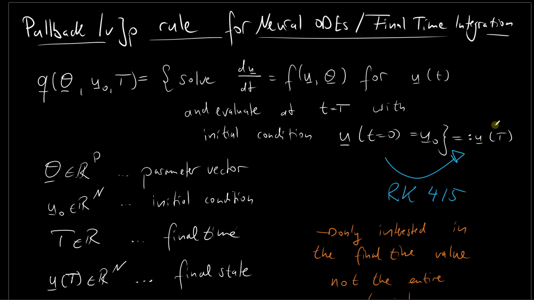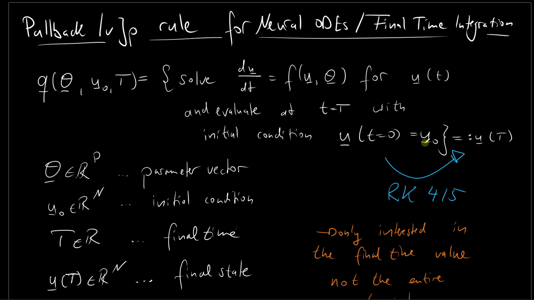Whereas in contrast, and we will also see that later, the initial condition only affects it from the beginning. So it only has an impact from the beginning. Of course, the trajectory will be different based on different initial conditions, but the effect of it is only in the beginning, whereas the effect of theta will be throughout the entire trajectory.